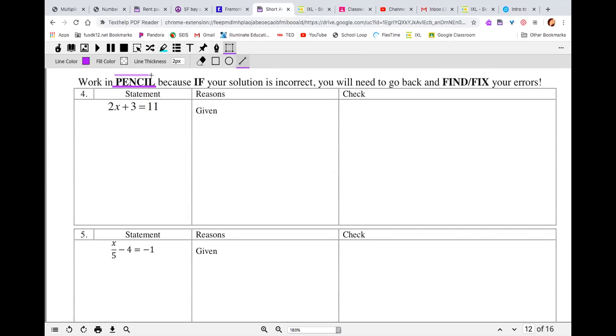For people who work with pens, I believe, Evelyn, you're one of those people. Work in pencil, because if it's incorrect, you need to go back and fix it. And it's easier to fix your mistakes if it's in pencil. So if you're at home, please use pencil and have an eraser, okay? Because we do make mistakes and we're checking our work. If our answers do not match, that means there's a mistake and I have to fix it, okay?